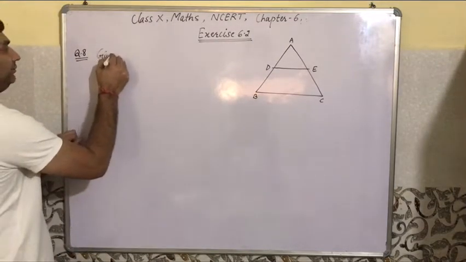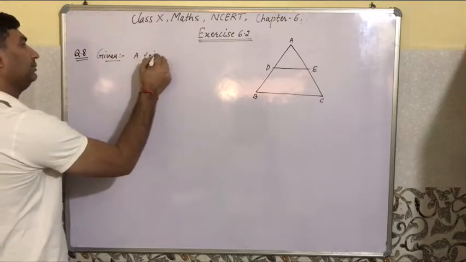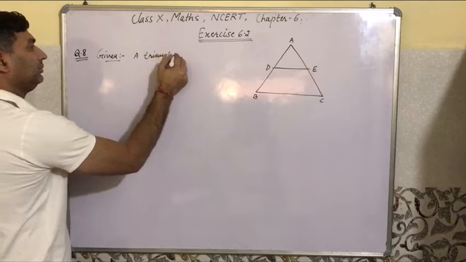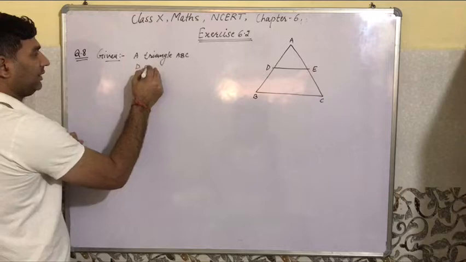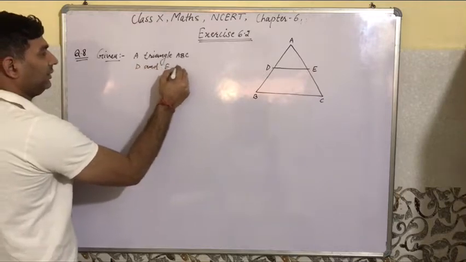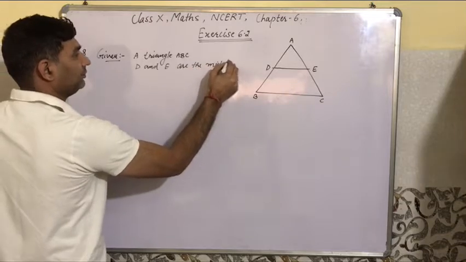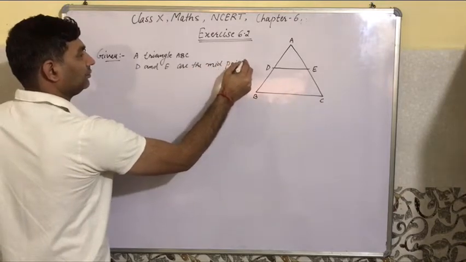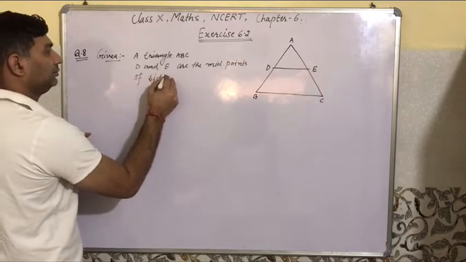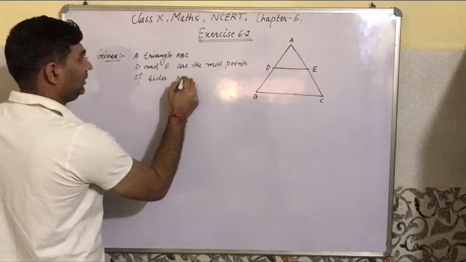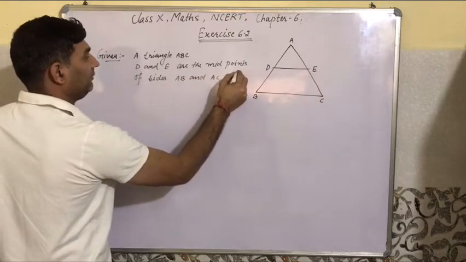Given a triangle ABC, D and E are the midpoints of sides AB and AC respectively.